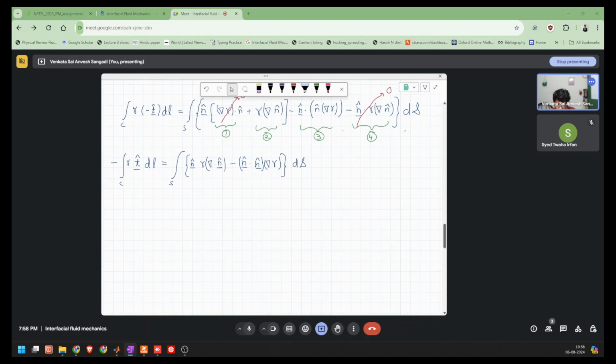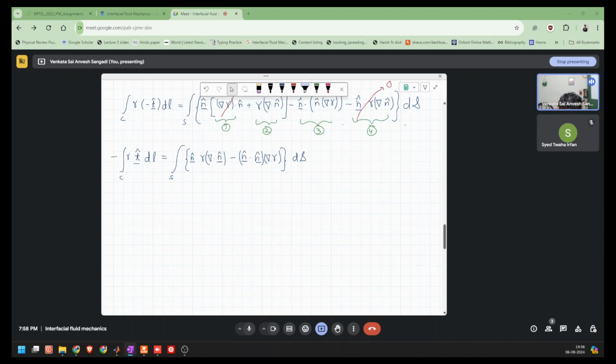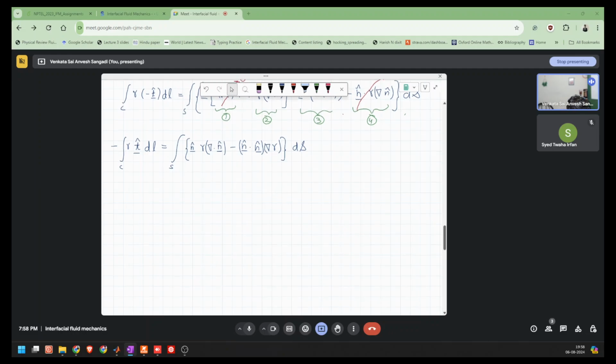Okay, so this is after the simplification. And now if we see here, n cap dot n cap can be written as 1.